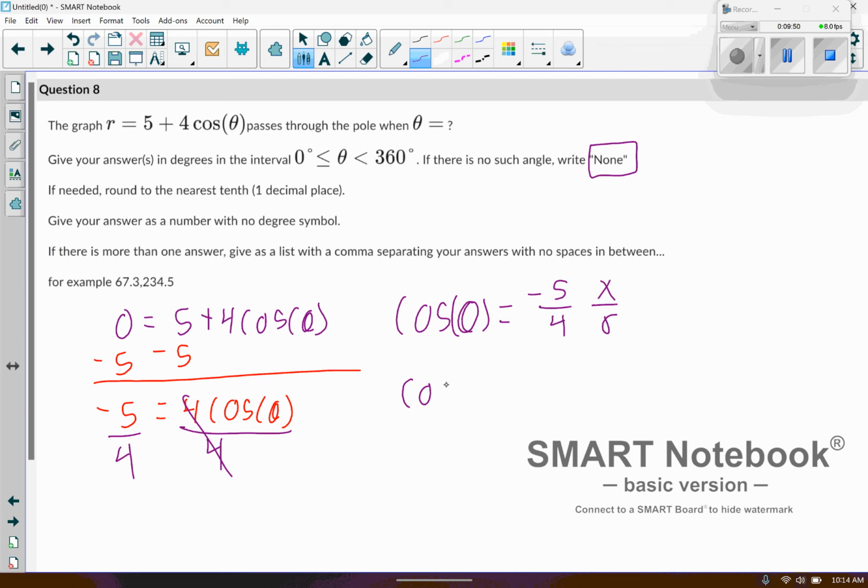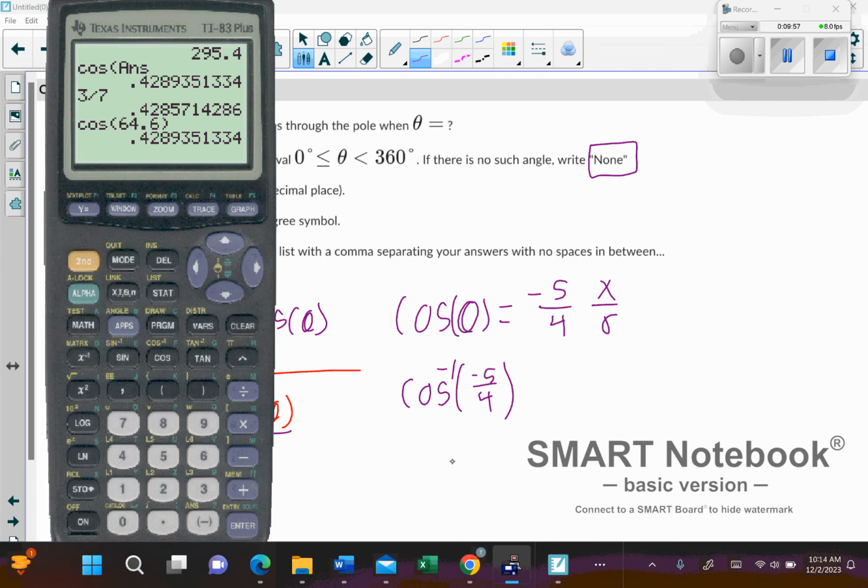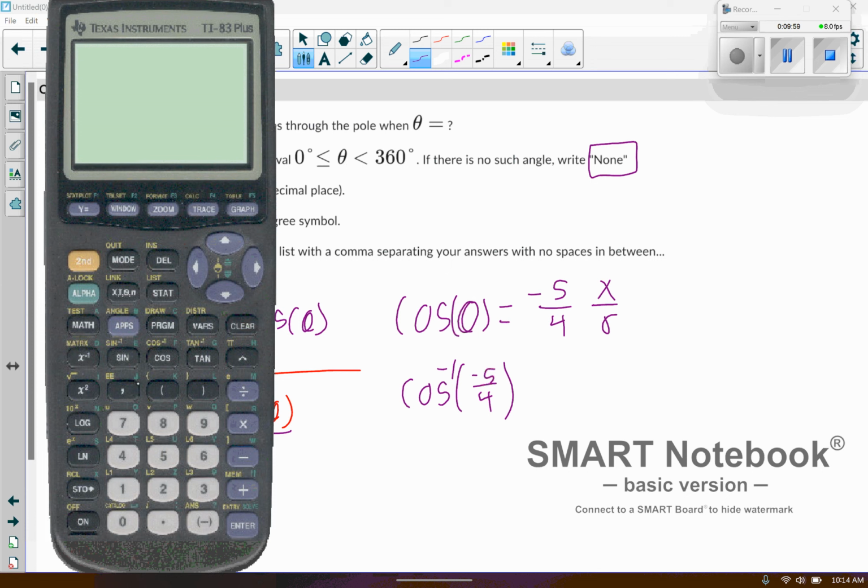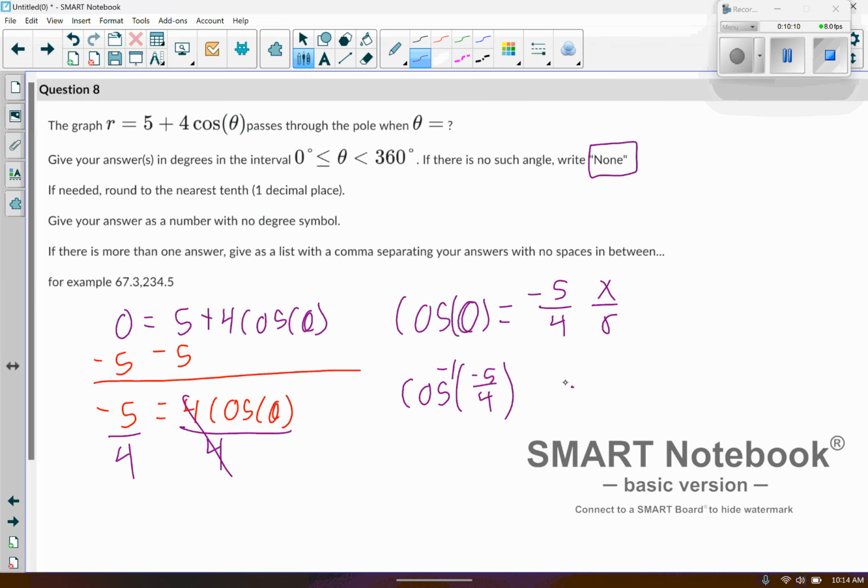So if you try to take the cosine inverse of negative 5 over 4, the calculator will actually give you an error on that. So cosine inverse of -5 divided by 4, and so error, out of the domain. So that's why this one's going to come out as none.